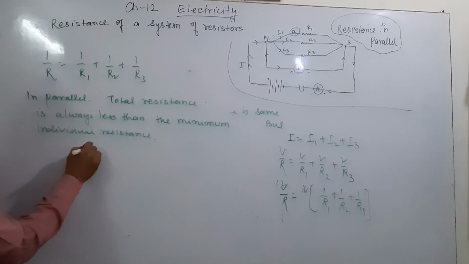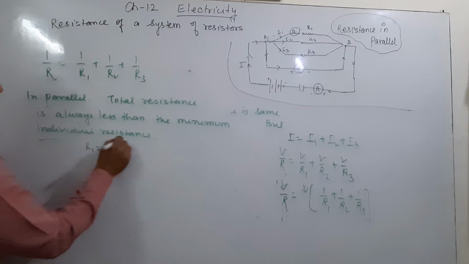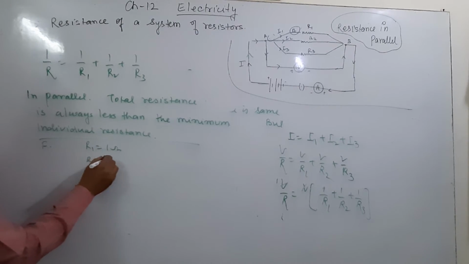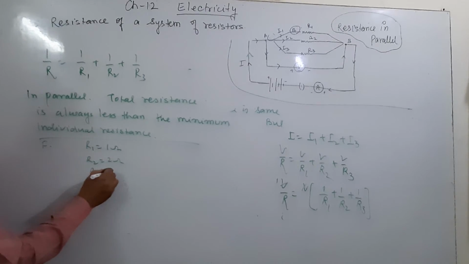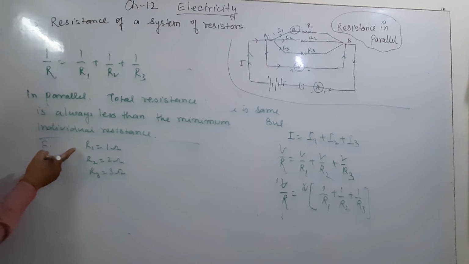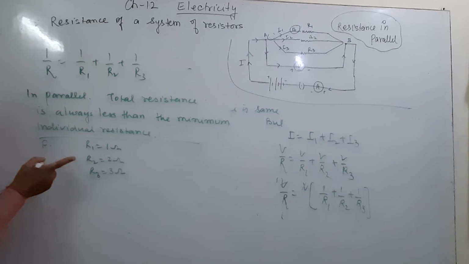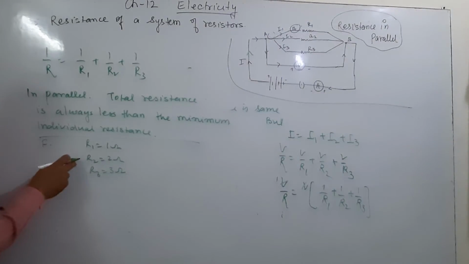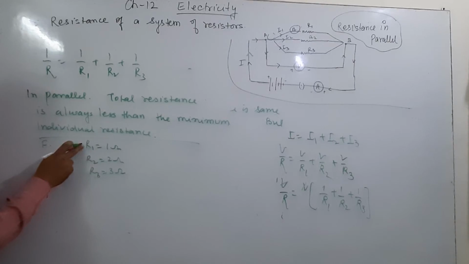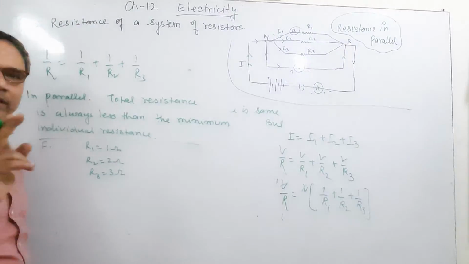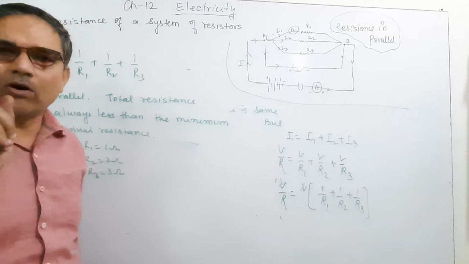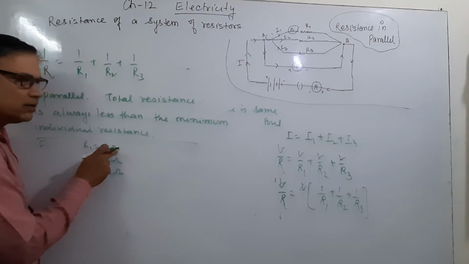For example, R1 is equal to 1 ohm, R2 is equal to 2 ohm, R3 is equal to 3 ohm. When these three resistors are connected in parallel, the total resistance will always be less than 1.